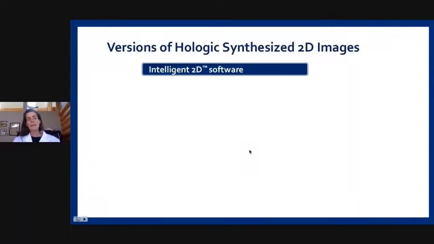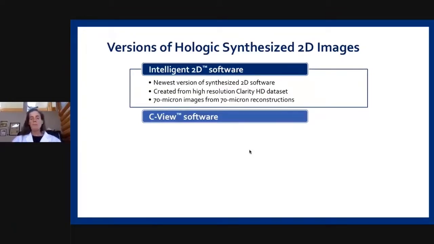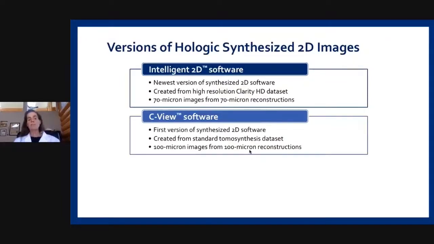And so there have been, as I talked about, different versions of the Hologic synthetic view. The intelligent 2D is the newest version. And the key to that is the 70 micron resolution, which is an improvement over the first generation, the C-View software, where the resolution was 100 microns.